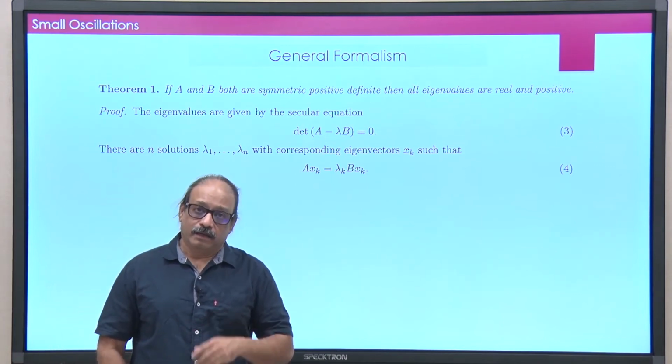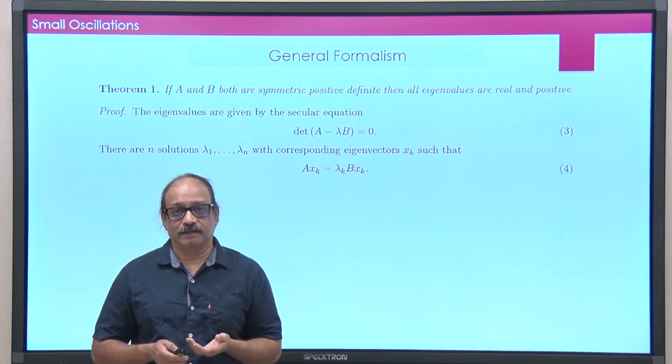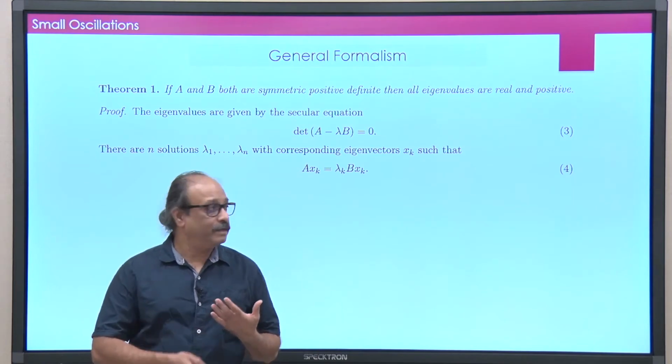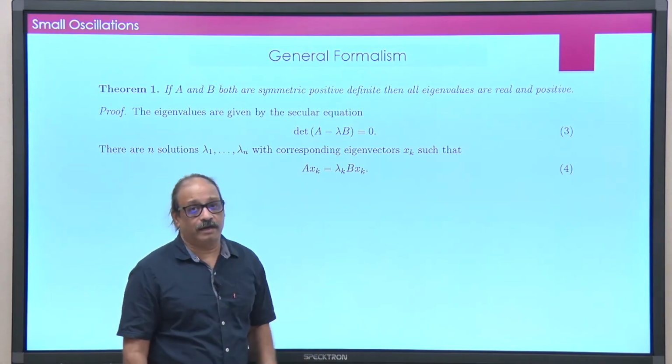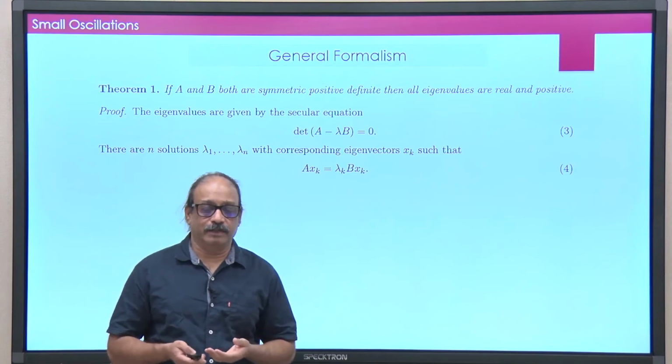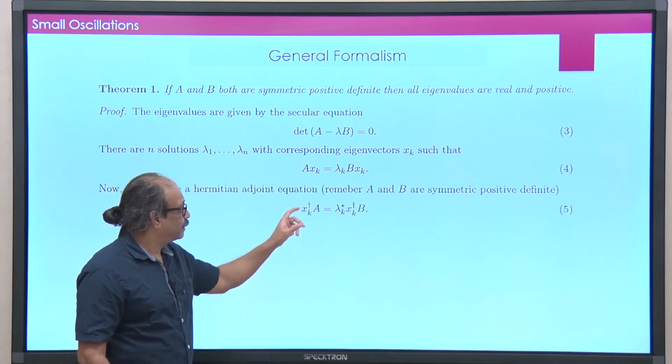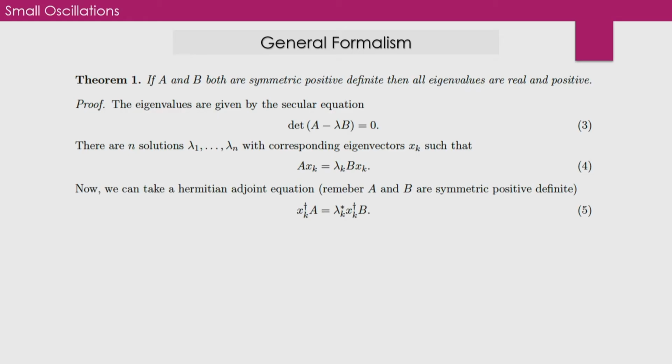Okay. Take a Hermitian adjoint of this, because we are not assuming that lambda and x k are real. Hermitian adjoint is complex conjugation and the transpose.